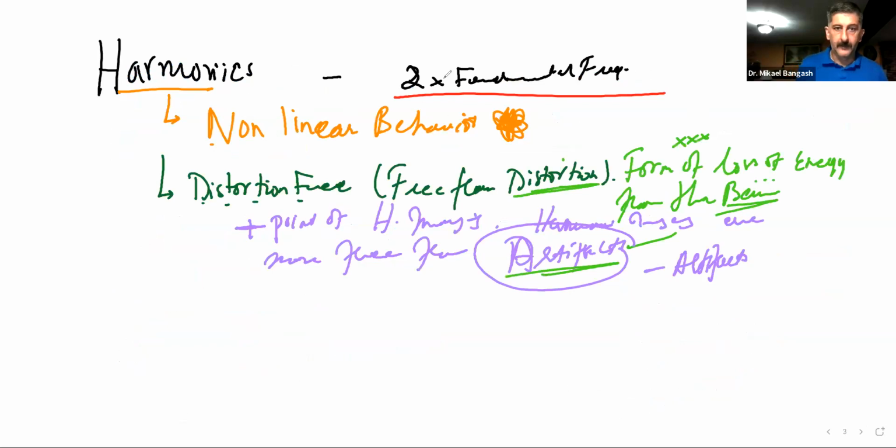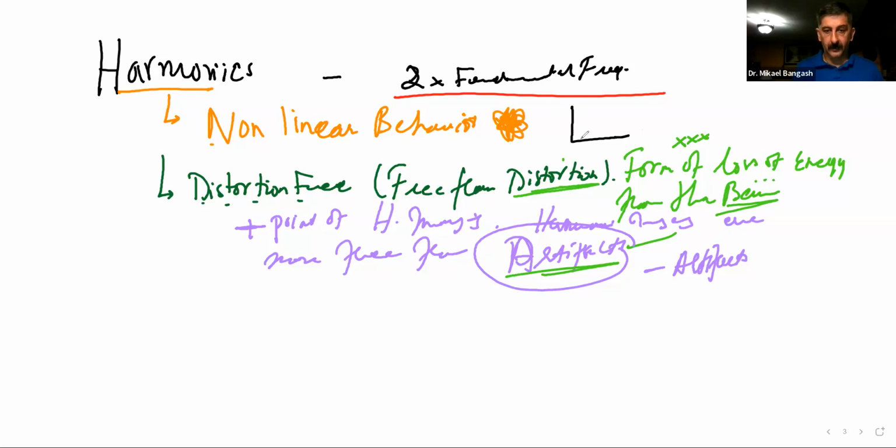Besides being twice the fundamental frequency, harmonics also display two other characteristics: nonlinear behavior, and they are distortion free. Clear? Nonlinear behavior means that the relationship is disproportionate.